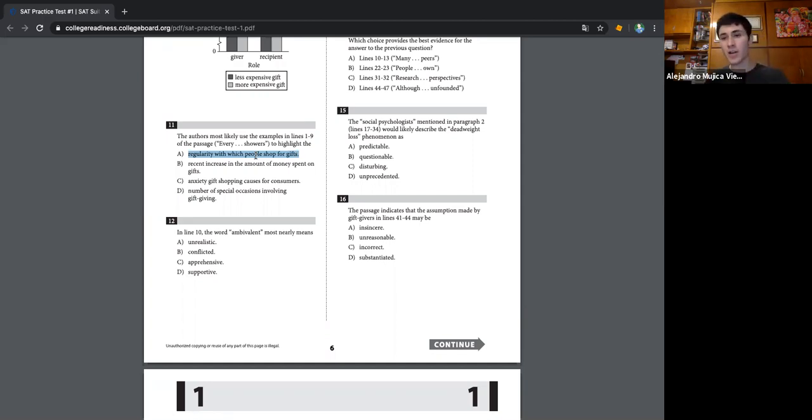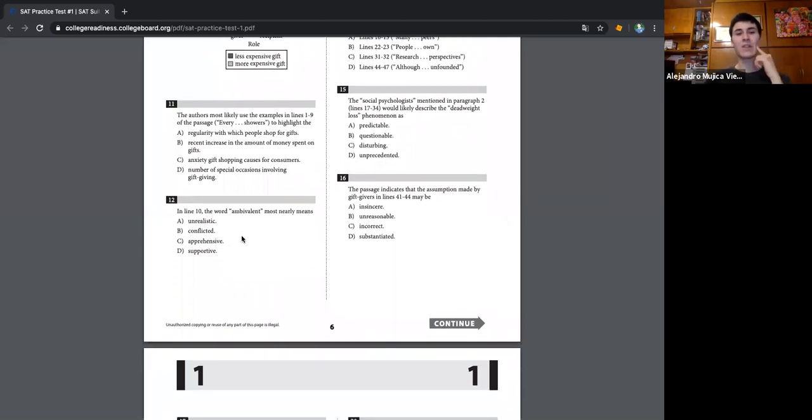Because if you're going to talk about a topic, you first have to establish why it's important. And they're saying it is important because people shop, like they shop in Christmas, shop in Easter, shop in Thanksgiving, shop in whatever, right? There's a lot of moments where people shop for gifts. Everybody understand that?